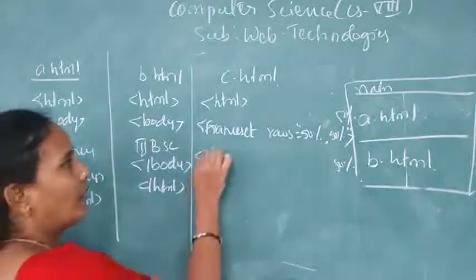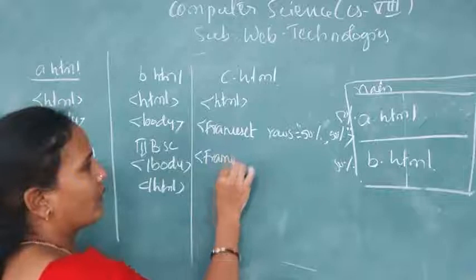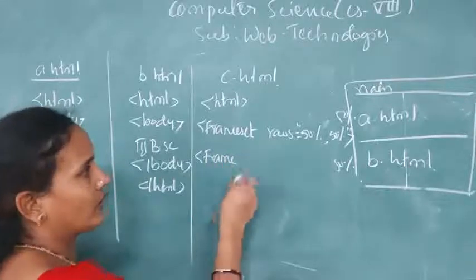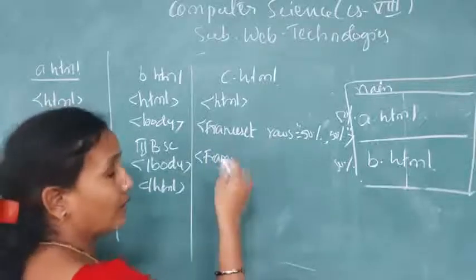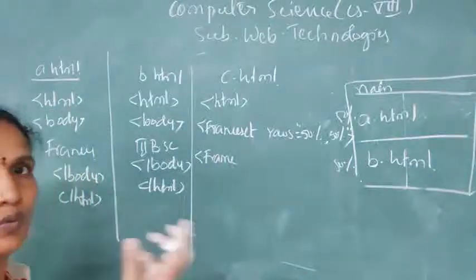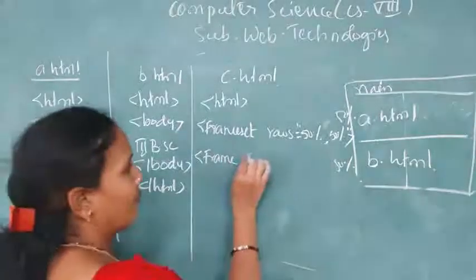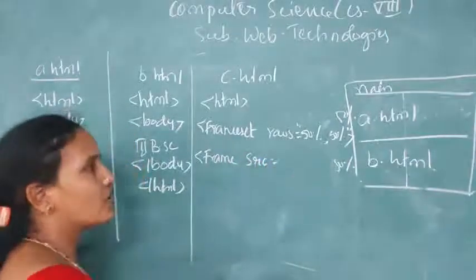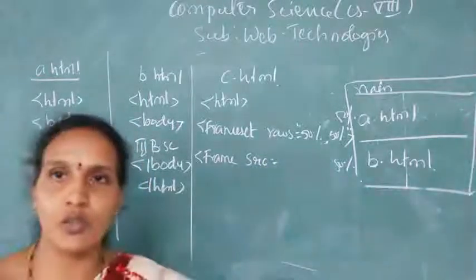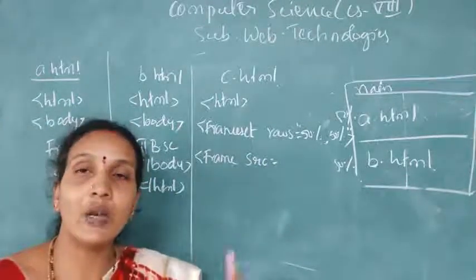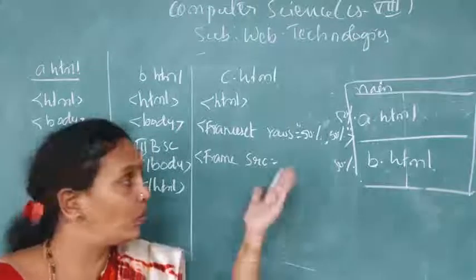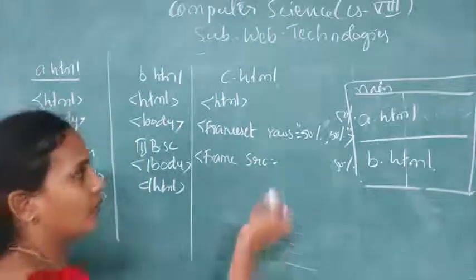Now, if you have divided the browser window into 2 rows, then you have to give the size of each and every row, and the name of the document which you want to execute in the window. That is frame src. Here src stands for source. It gives the location of the HTML document which you want to execute in this window.